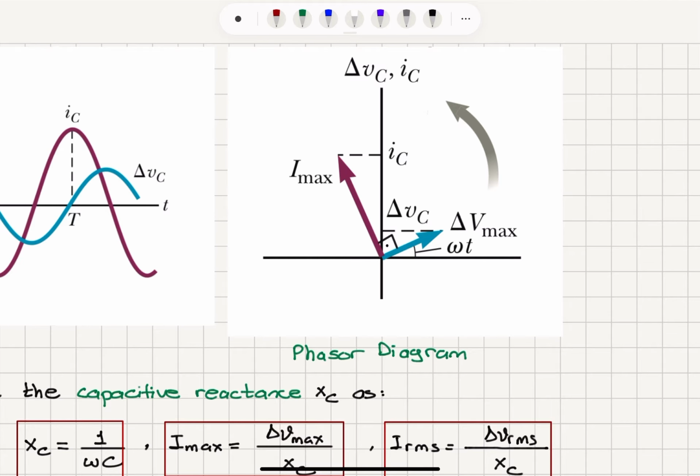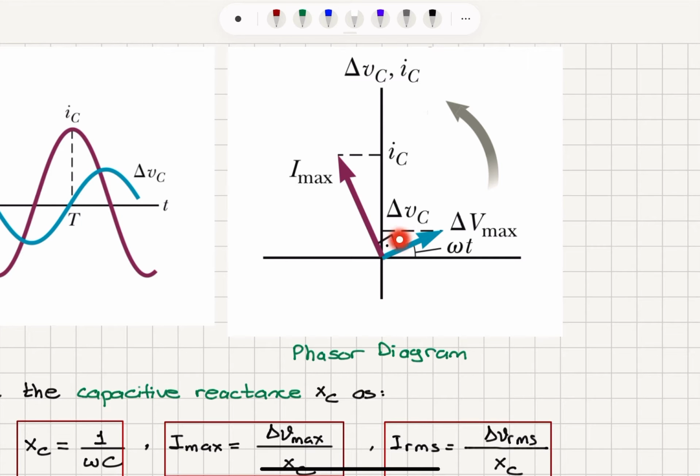Now, when we plot the voltage and current phasors, once again we have delta V max, the magnitude of this vector, making an angle omega t with the positive x-axis in the counterclockwise direction, so that delta Vc is delta V max sine omega t. And then I have to add a positive angle, so I go further counterclockwise.